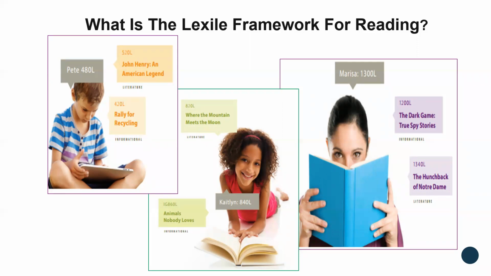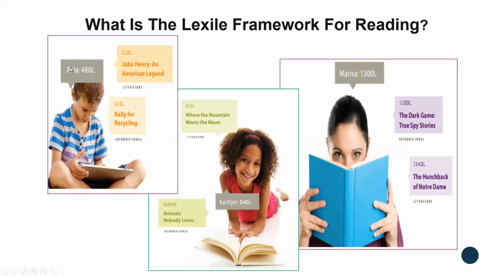And Pete was found to have a Lexile measure of a 480L. We know from our research and sending these two textbooks through our Lexile Analyzer that these texts have Lexile measures of text complexity at a 520L as well as a 420L for Rally for recycling.